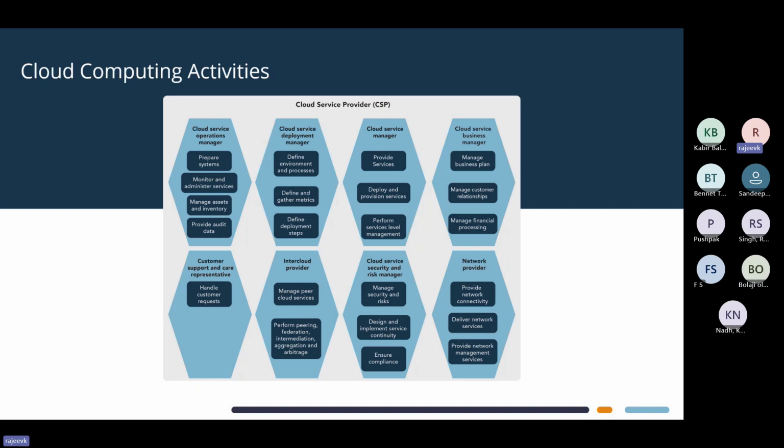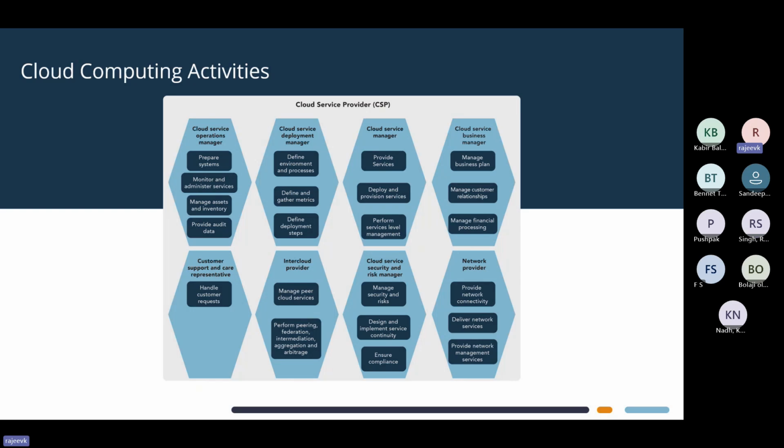Okay, now next move on. As I told, we have another role here called provider. And as we can see, in the provider also we have multiple roles defined. What those roles are doing is already written in those blue boxes, but at a high level, these sub roles help us prepare the system and manage it properly.